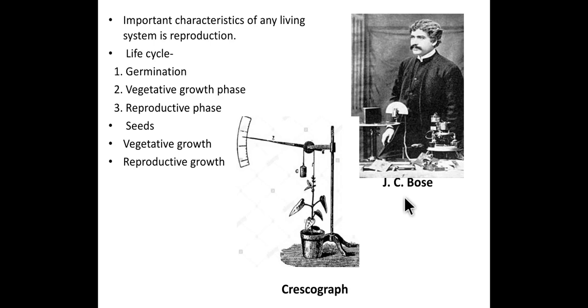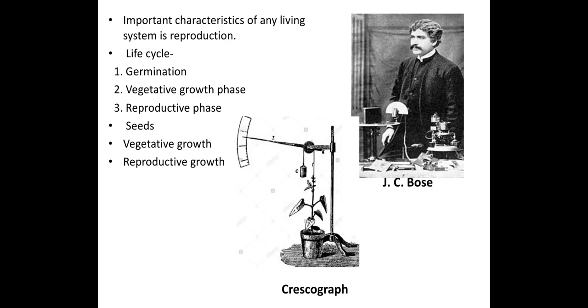To maintain continuity of species generation after generation, the seeds are very essential. The seeds are produced in fruits, so the important aspect in the life cycle of a plant is production of fruits and seeds.